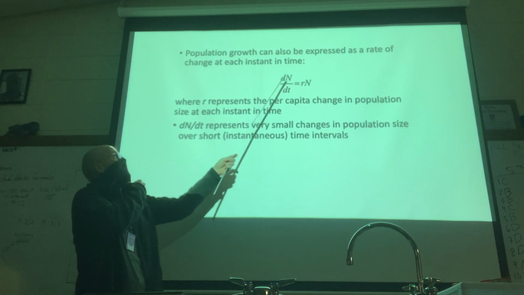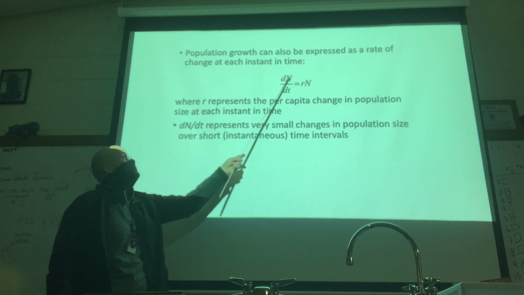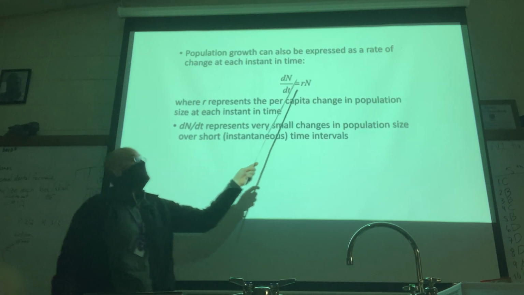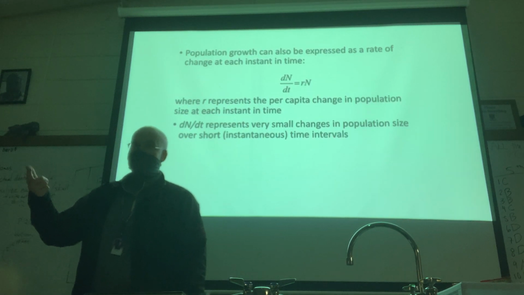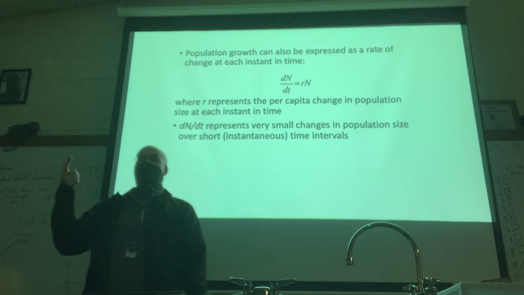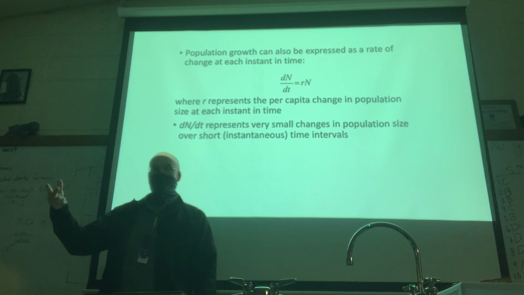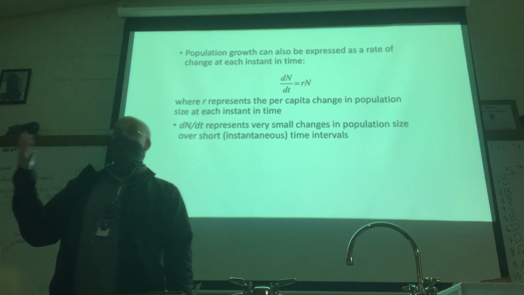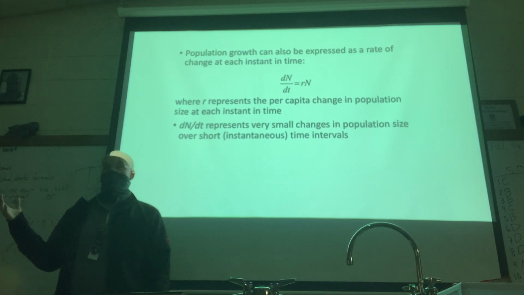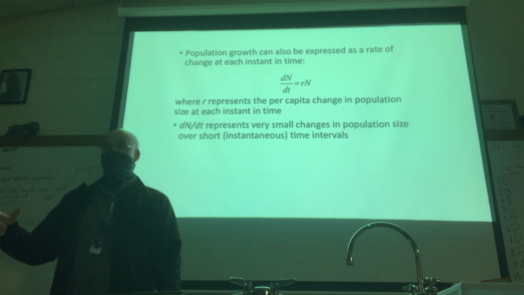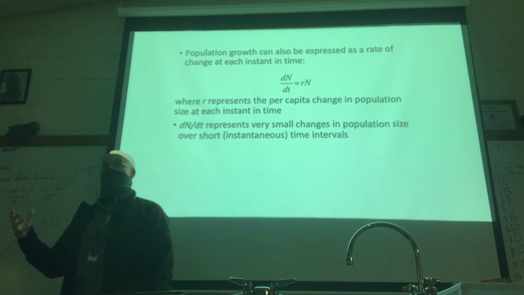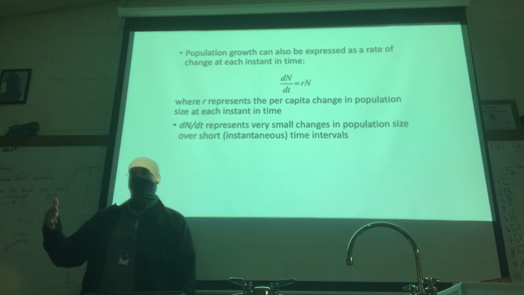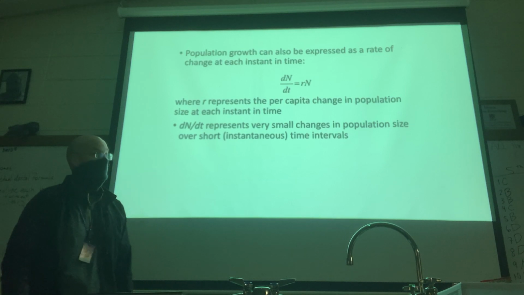So in this function, the change in population as time changes is a function of the rate of growth and the size of the population as well. So it matters how big your population is. You can have a pretty small growth rate, but if you have an enormous population, you can still add a very large number of new individuals from point A to point B in time.